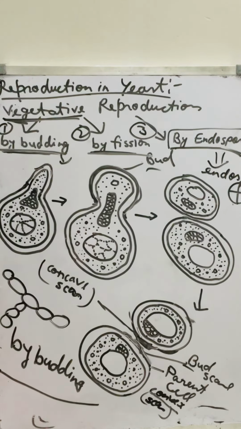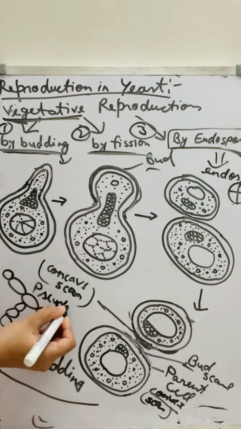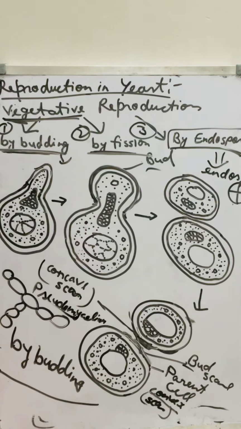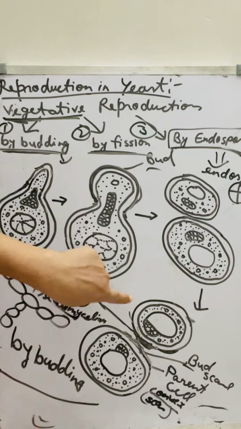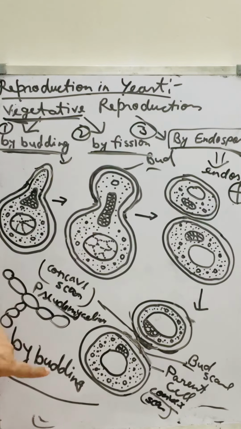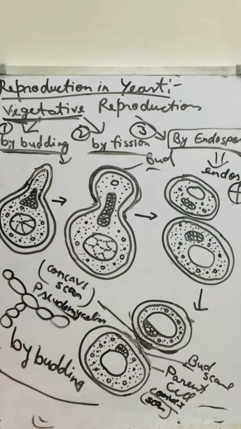In the yeast diagram, you can see the chain-like structure, which is called pseudomycelium. So when it separates, it forms a bud, or when it does not separate, it forms a chain-like structure, which is called pseudomycelium.